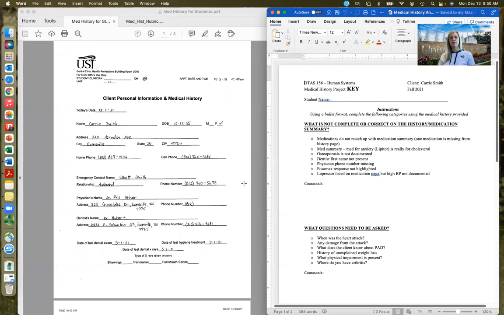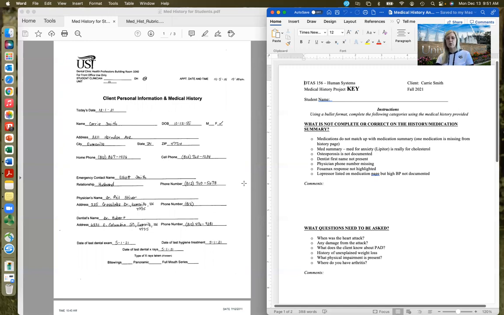Again, we're looking for anything that the patient has not filled in all the way. We're looking for things that are not consistent between different pages of the medical history. And then we're looking to make sure that all yes or written in answers are highlighted so that they can easily be drawn to the attention of the supervising dentist that will be working with the patient.